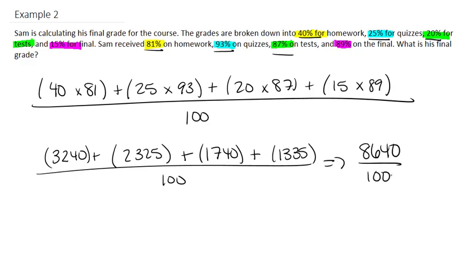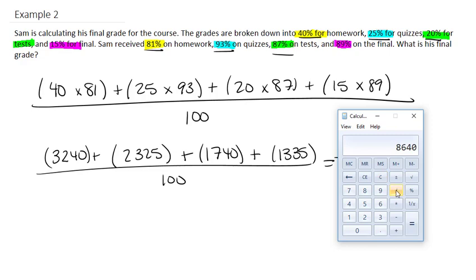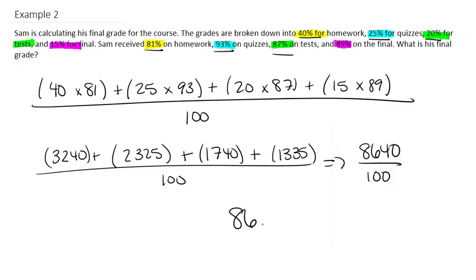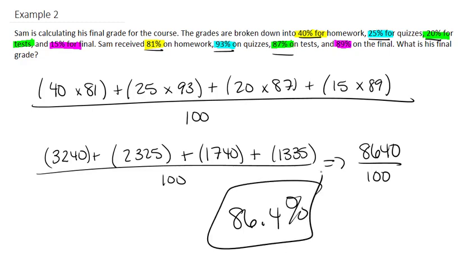And then we divide by 100. So when we take this, divide by 100, we get 86.4%. And that would be Sam's final grade for the course.